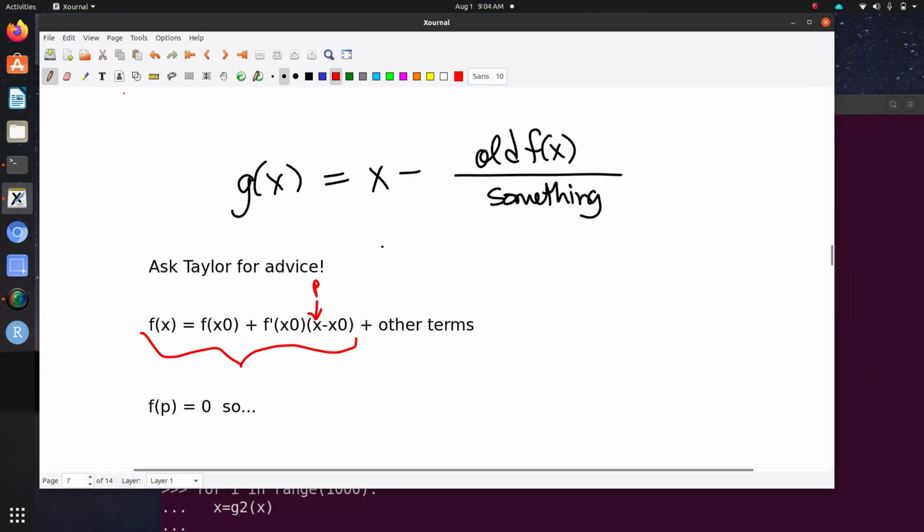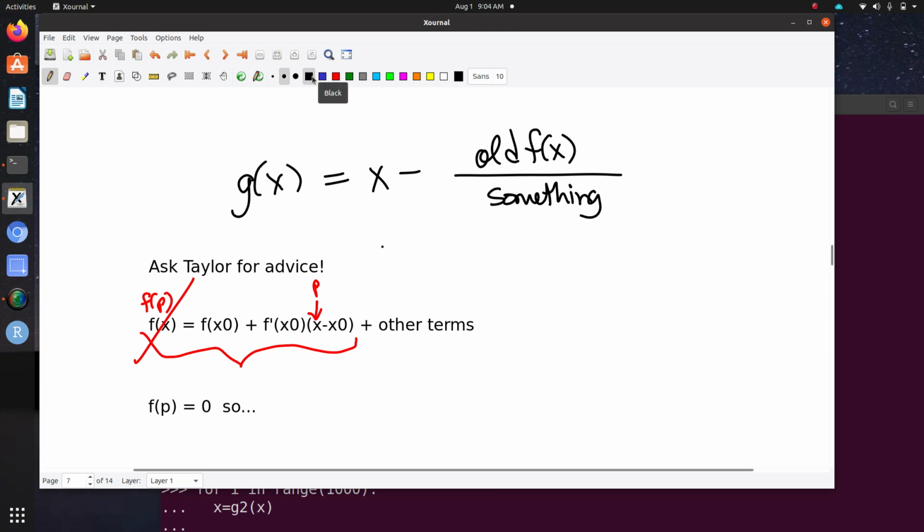And so then the next thing we have to consider is f of x is f of p, because this is where we're starting, but f of p is 0, so that piece disappears. Okay, so we're going to put the p in for x, and then the first term is going to drop out.